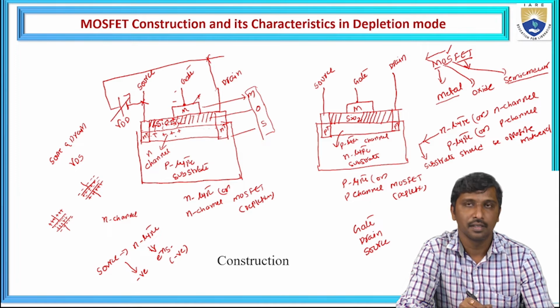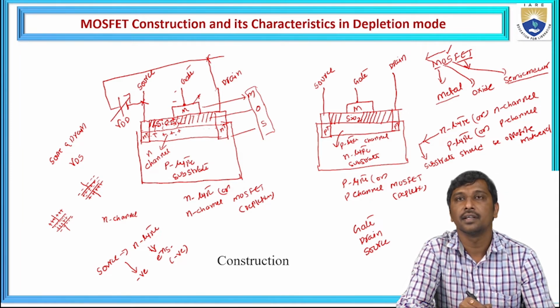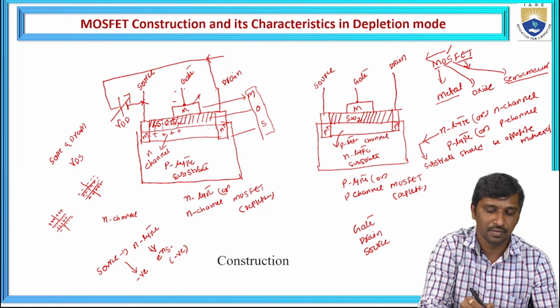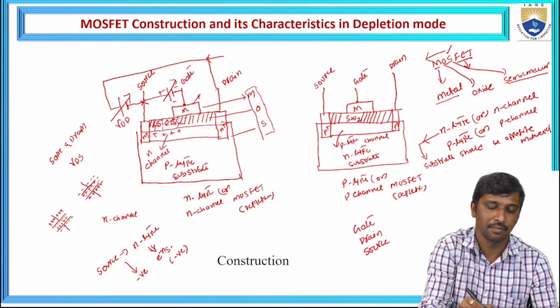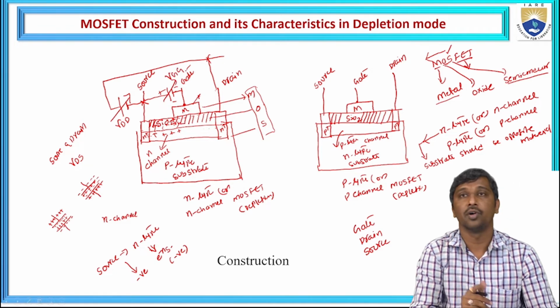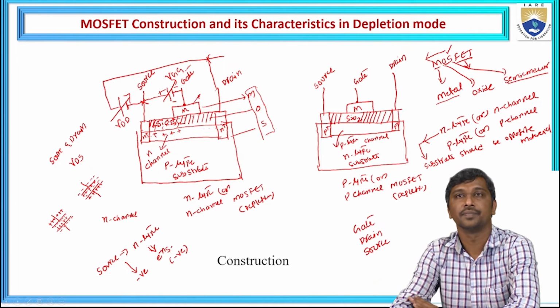Hence the area of the channel is reduced, and this limits the flow of current. That is the reason the gate should be biased negative with respect to the source, and this biasing is called VGS.